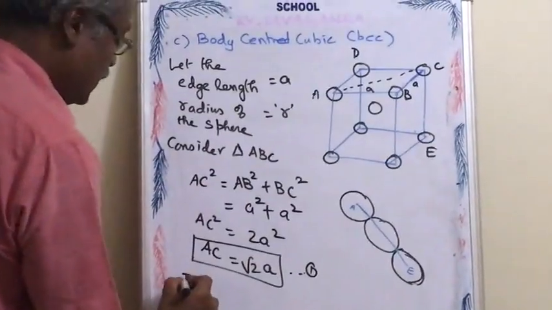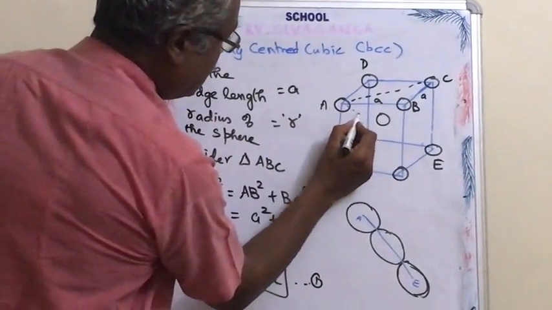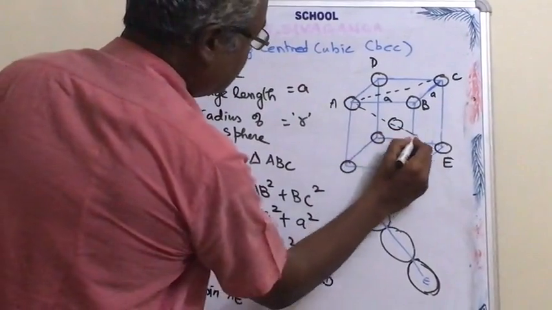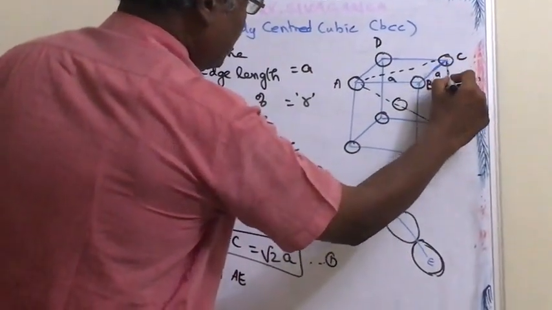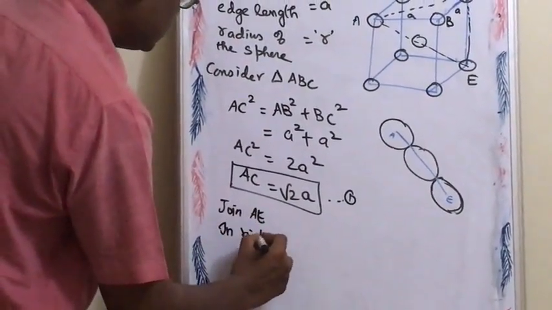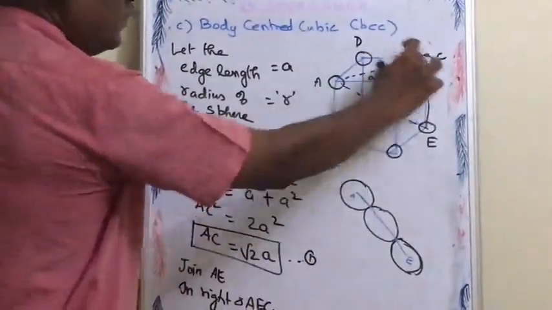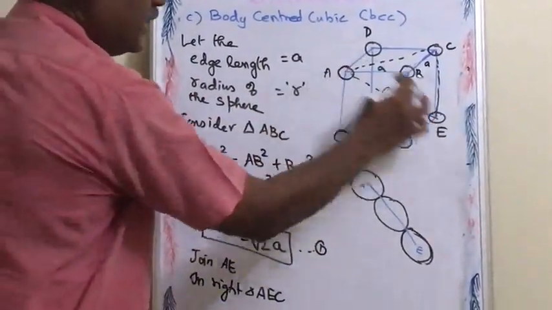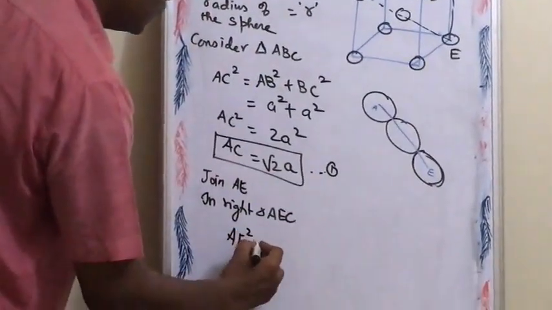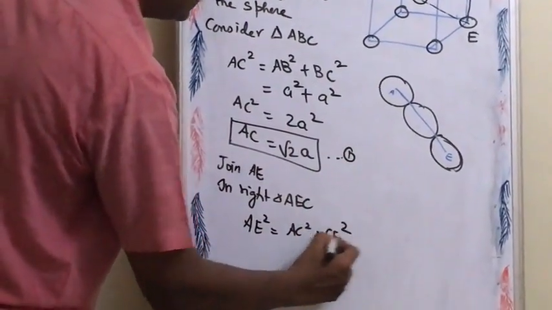Now join AE. I am joining here through this body center. The body center atom will be there. Now I am getting another right triangle, AEC. AEC is a right triangle now. In right triangle AEC, AE is the hypotenuse. AE square equal to AC square plus CE square.